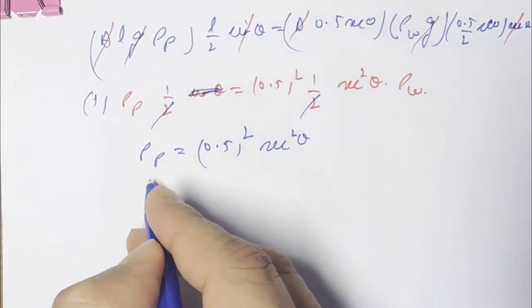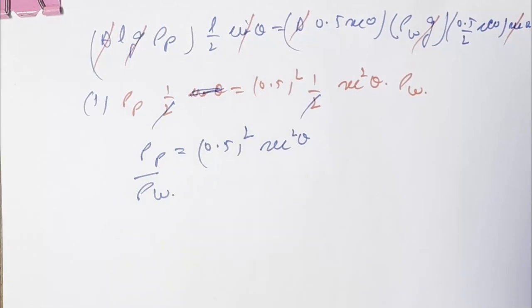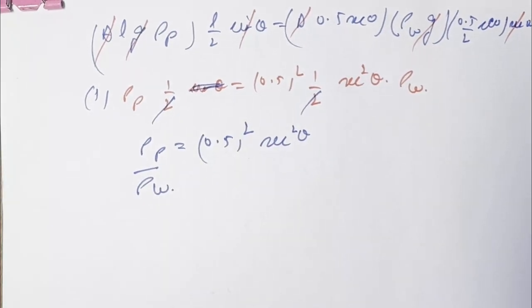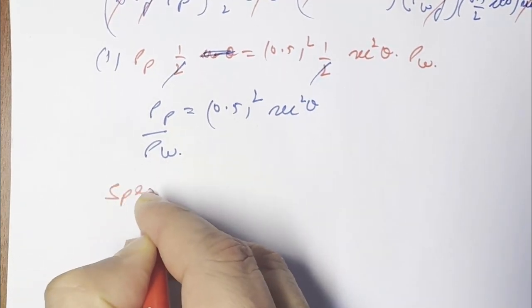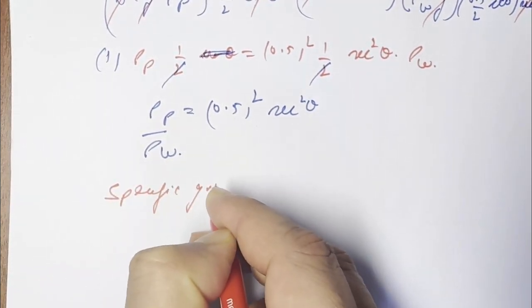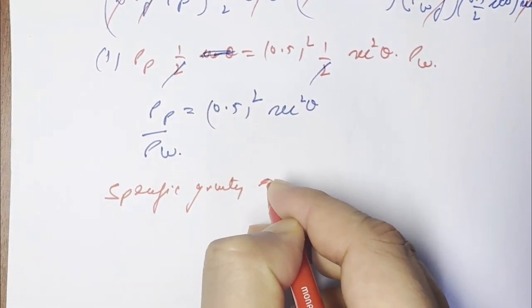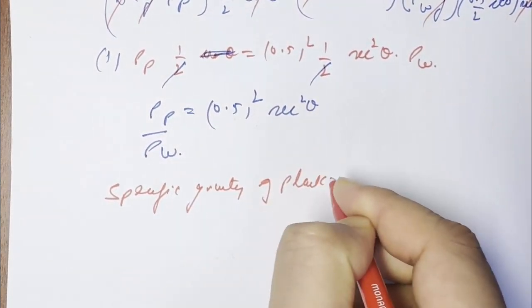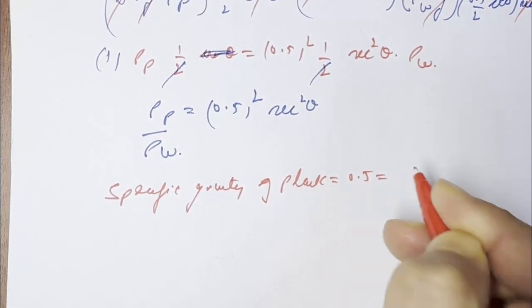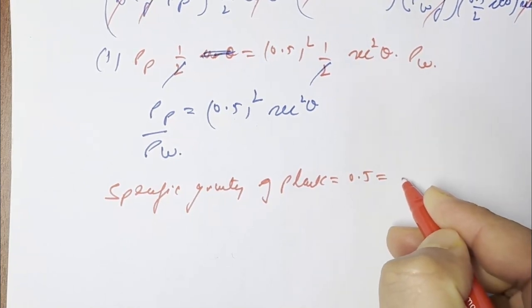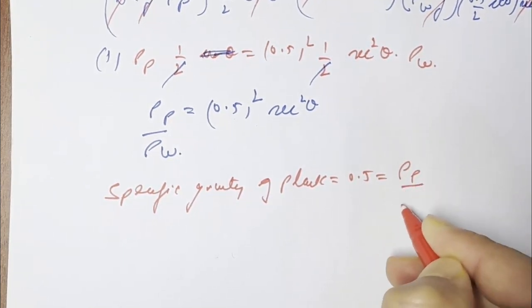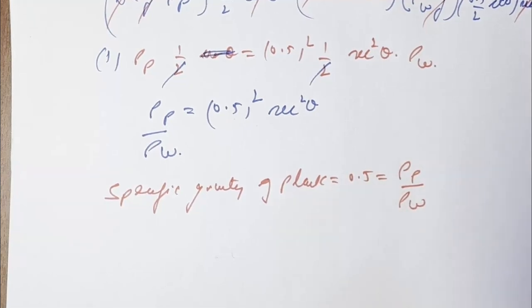Let me divide this by rho of W here, because we are given that the specific gravity of the plank is 0.5, which basically means that the ratio of the density of the plank to the density of the water is 0.5.